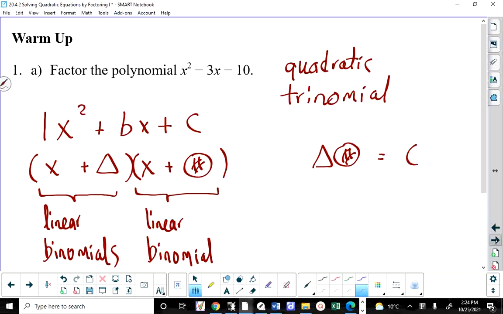And you know what, I'm going to rewrite this, and just to make sure you know what I mean, I'm going to put a multiplication dot in between there. Whatever those two numbers are, they have to multiply to give c. But they also have to add to give b. This is the basis for what we're doing today.